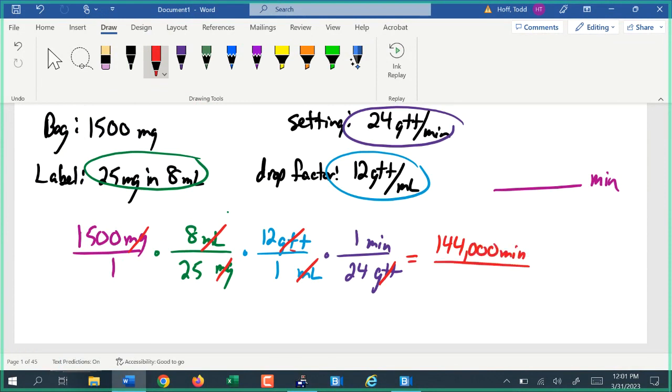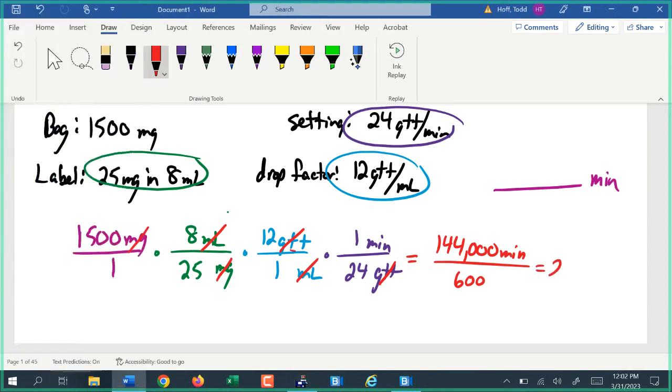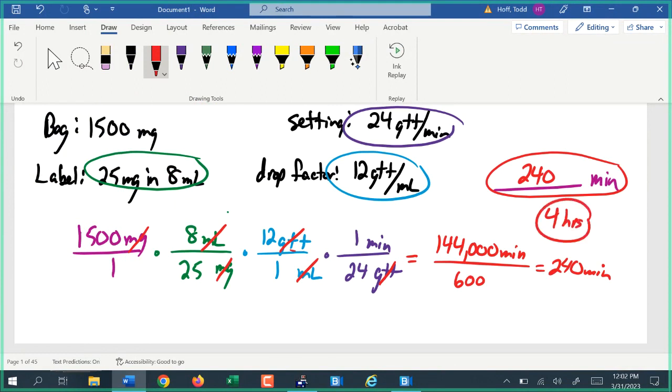Over on bottom, we have 1 times 25 times 1 times 24, which is 600. So we'll divide that out. Divided by 600, we get 240 minutes. Those 240 minutes, or if you divided that out, that actually comes out to be exactly 4 hours. Either of those would be an acceptable answer there.